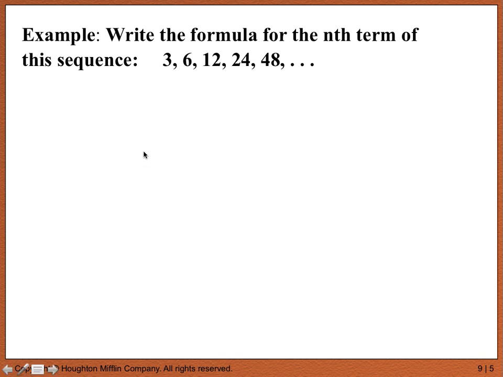Now, we already identified that this is a geometric sequence because it has a common ratio. And the common ratio is 2. All right, and we know our first term here is 3. But notice that if I consider my first term 3 here, then, of course, the 24 would be my fourth term. First, second, third, fourth.